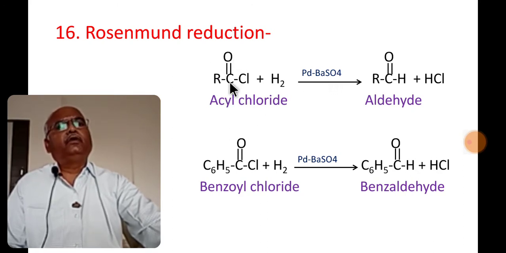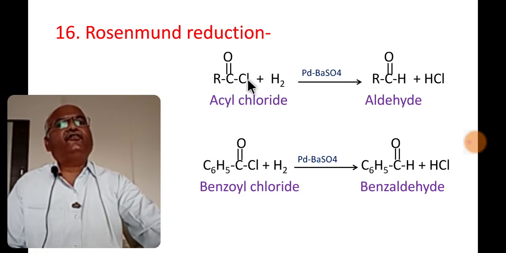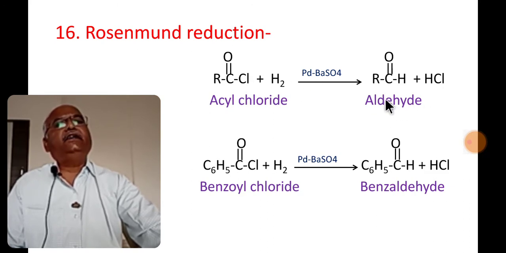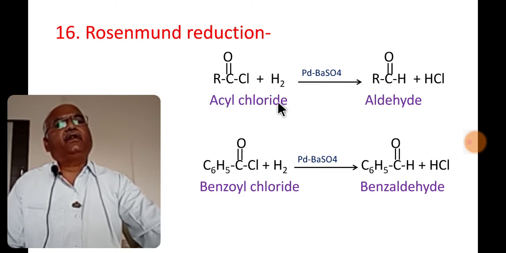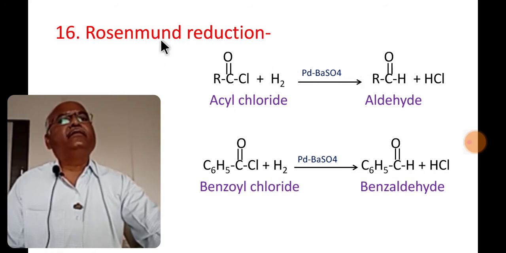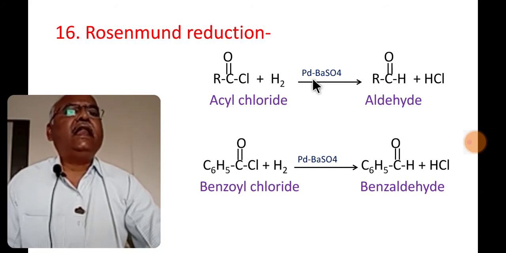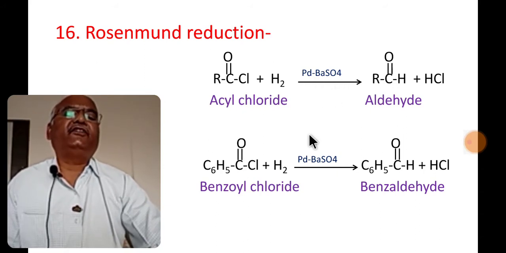Carbonyl group, hydrogen combines with chlorine and HCl is produced, and aldehyde is the main product. Acyl chloride is converted into aldehyde by Rosenmund reduction. In Rosenmund reduction, palladium and barium sulfate are used as catalyst.